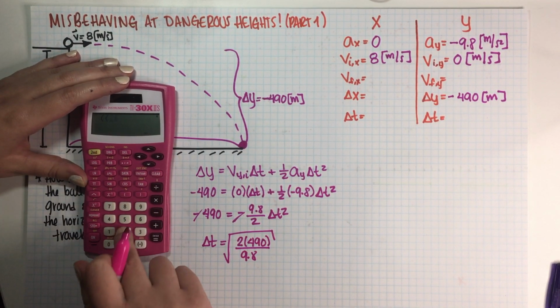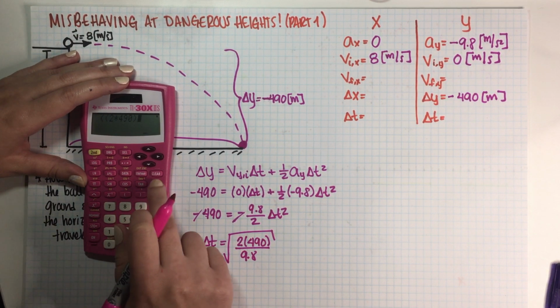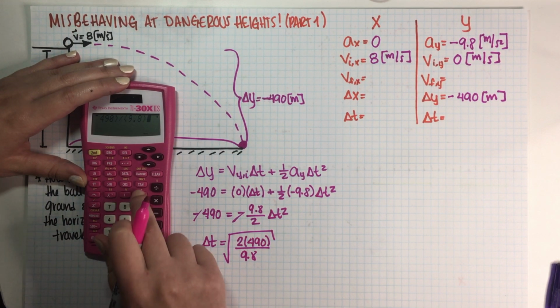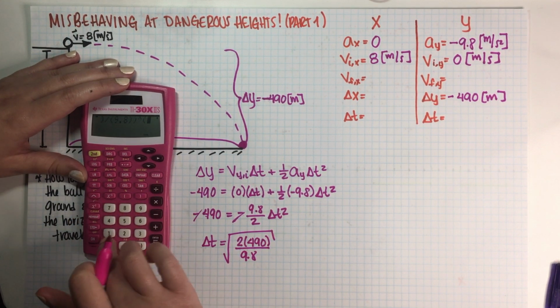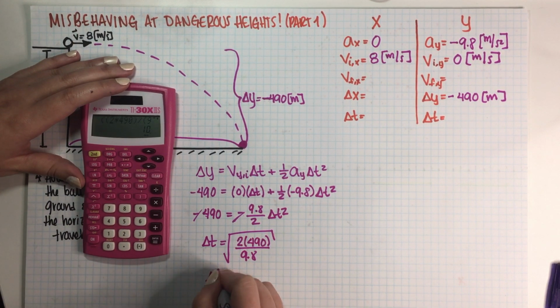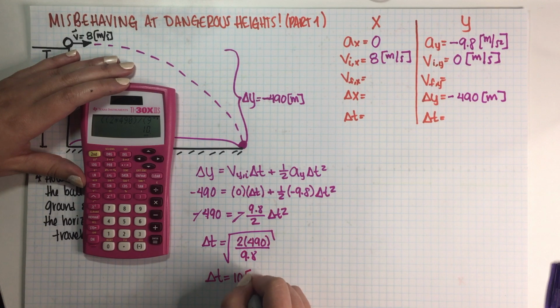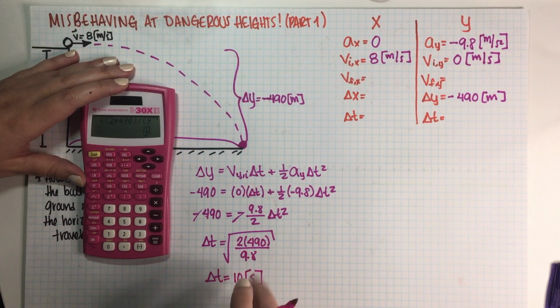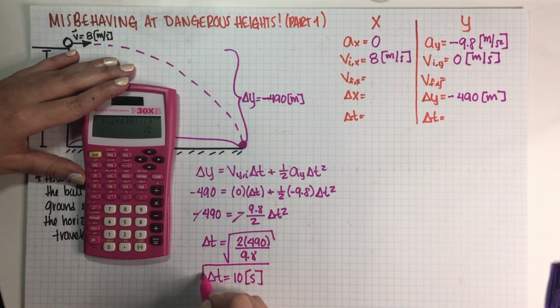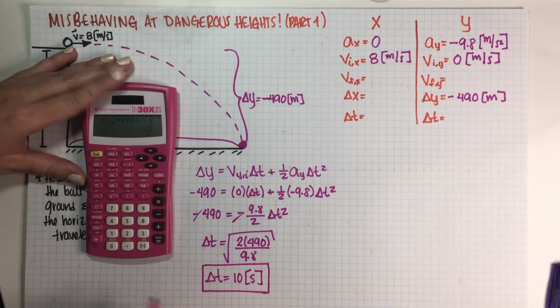So this is 2 times 490 divided by 9.8, and then take a square root: 10. So delta t is equal to 10 seconds, and this is why they wanted 9.8, just to get this very nice exact 10 seconds over here.